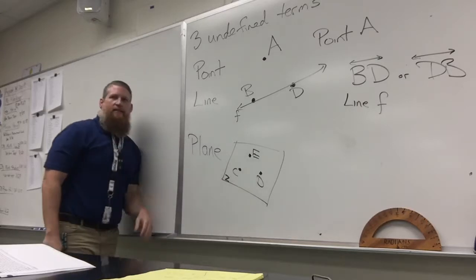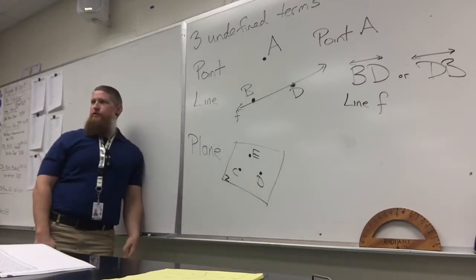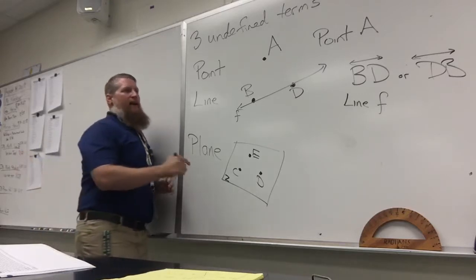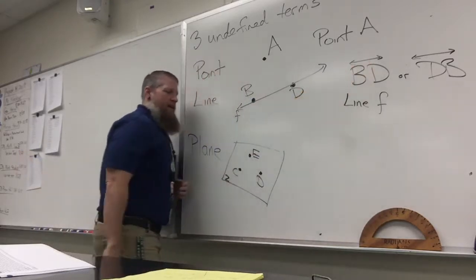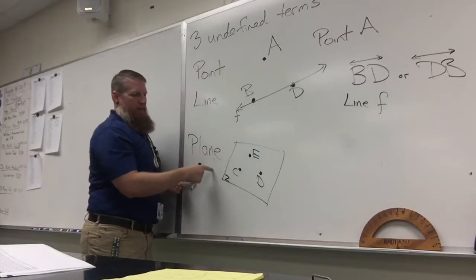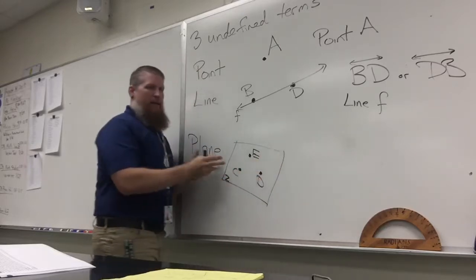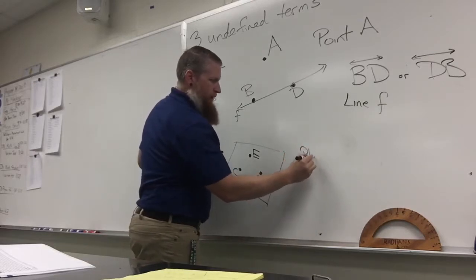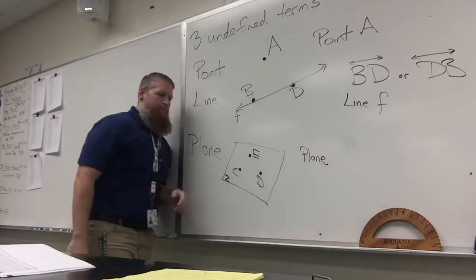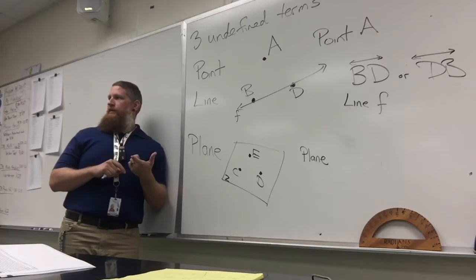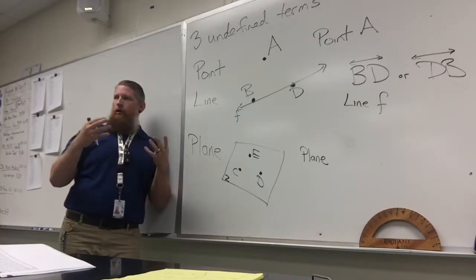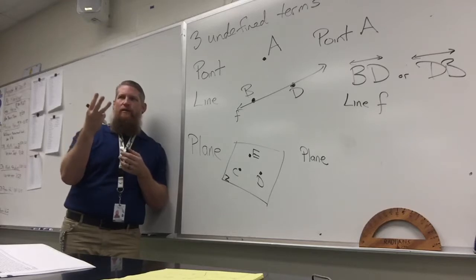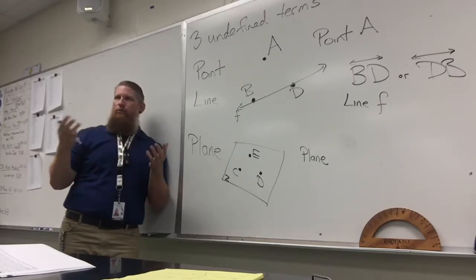Z. Okay. So now, for notation here, there's no tricky notation like with a line, where you draw the letters with a line on top. Just like with a point, if you want to identify the plane, you write plane. Then just like with the line, you pick the points that are on the plane, but you only have to list 3 points. You have to list at least 3. You never really list more than that.